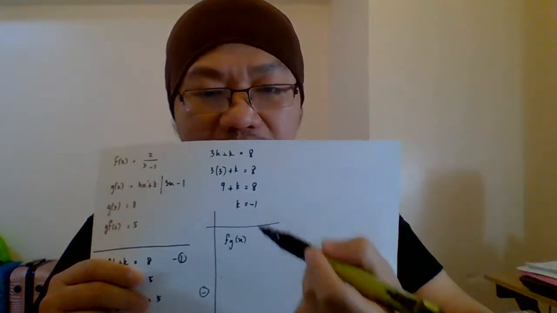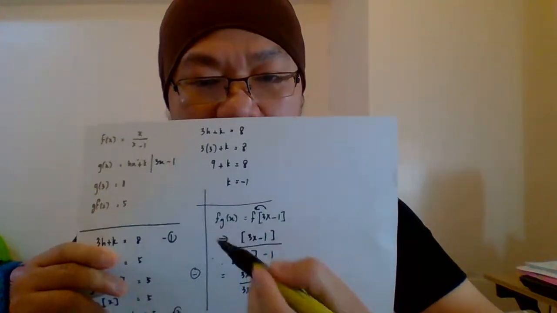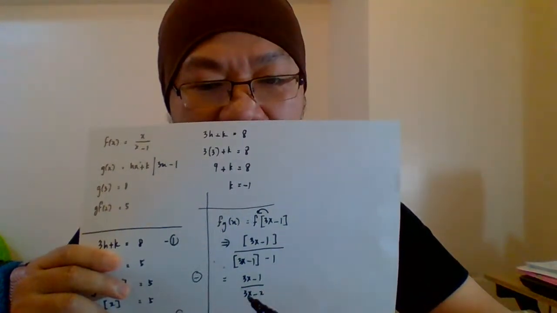So find this composite of F and G. The function G is 3x minus 1, and then we insert it into function F. Function F is where? Oh, here: x over x minus 1. So it becomes a big bracket over the big bracket minus 1, that is 3x minus 1 over 3x minus 1 minus 1, and simplify. You are supposed to get this one. So FGX, we compose the function, we are supposed to get 3x minus 1 over 3x minus 2.